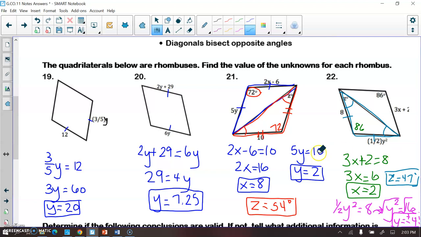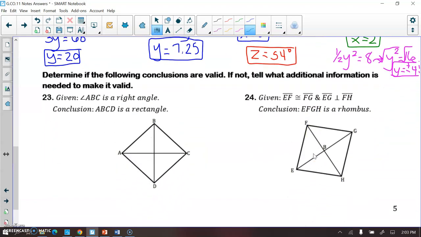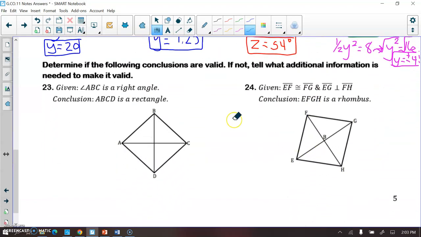All right, moving on. We're going to determine if the following conclusions are valid, and if not, we're going to tell which additional information is needed to make it valid. So we were given that ABC is a right angle. So this is a right angle here. And we want to determine if ABCD is a rectangle given this information.